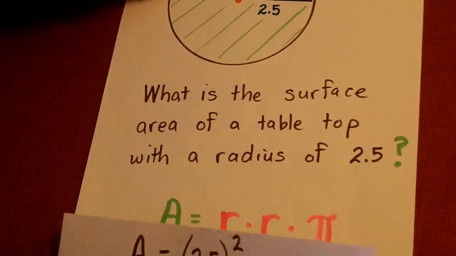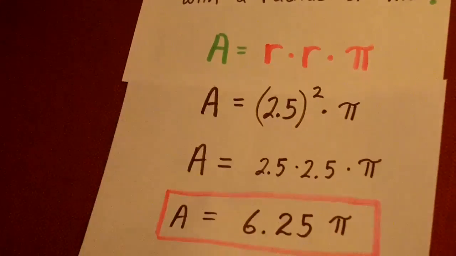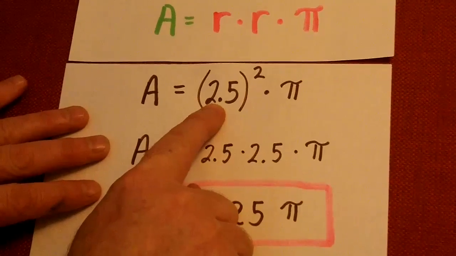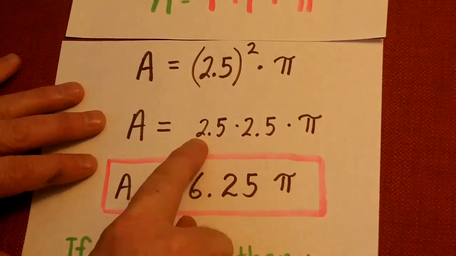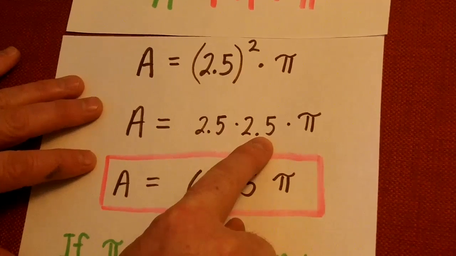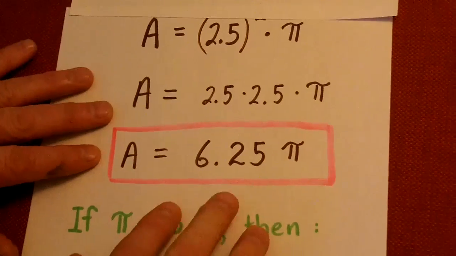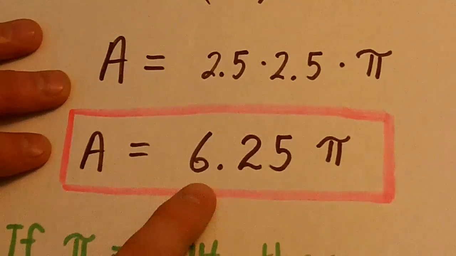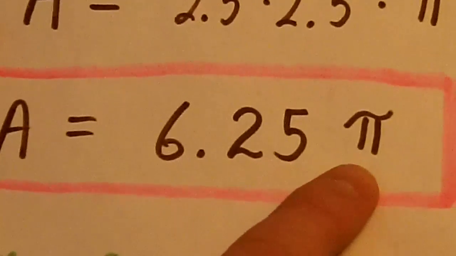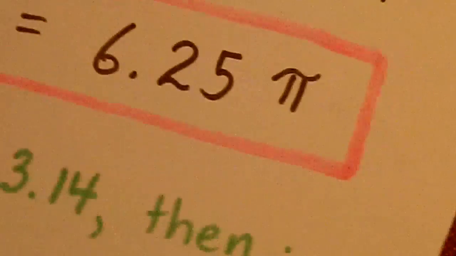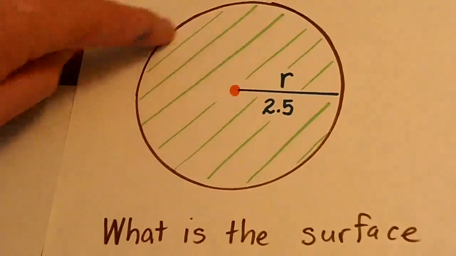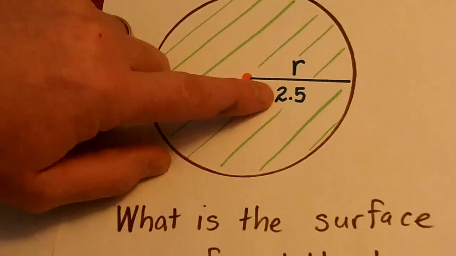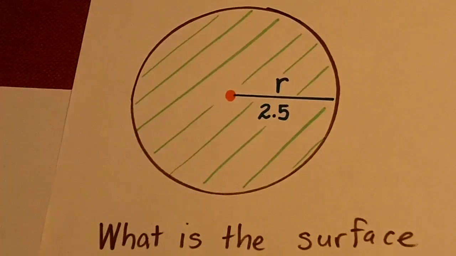If we take 2.5 squared, that's 2.5 times 2.5. So if we want the answer in terms of pi, it would be area equals 6.25 pi. That's simply 2.5 times 2.5 pi, and that squared is 6.25.